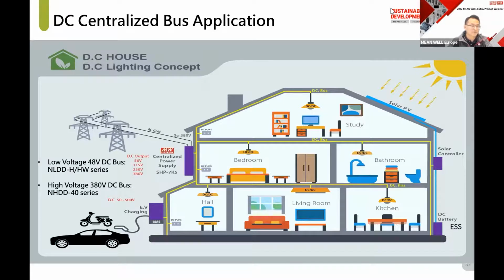Furthermore, if you want to store energy, traditionally AC has to be converted to DC to save energy into the battery. When you want to use the battery energy to light the LED luminaires, you use an inverter to convert the DC to AC, and inside the LED luminaire, it converts the AC to DC again.